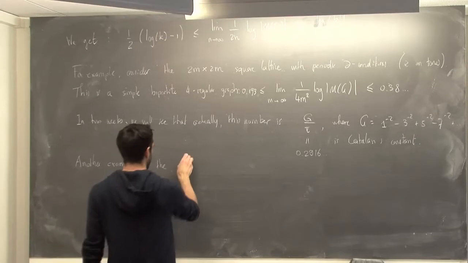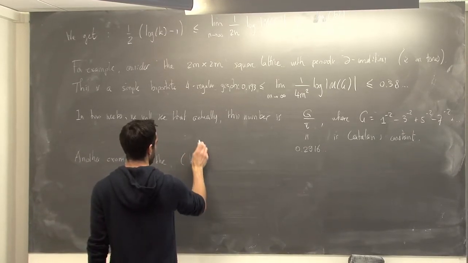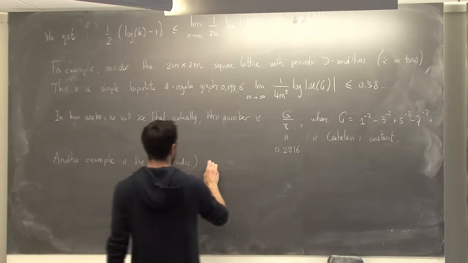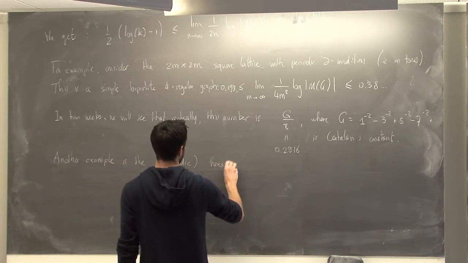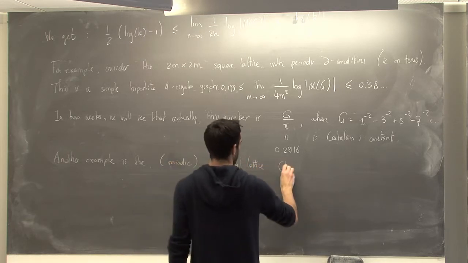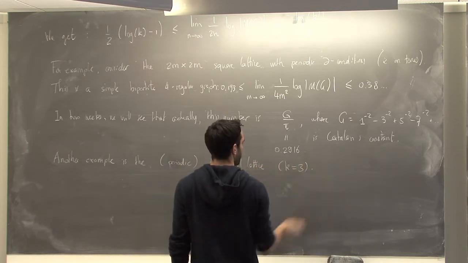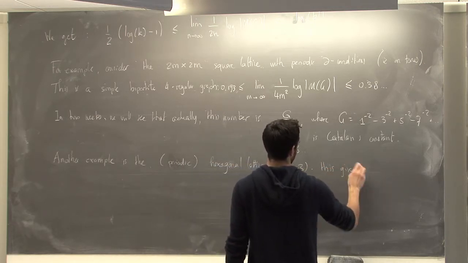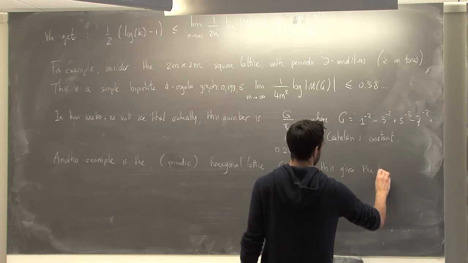Is the, let's say again, biperiodic, so periodic hexagonal lattice. So it means it's k equals 3. So this gives the bounds.